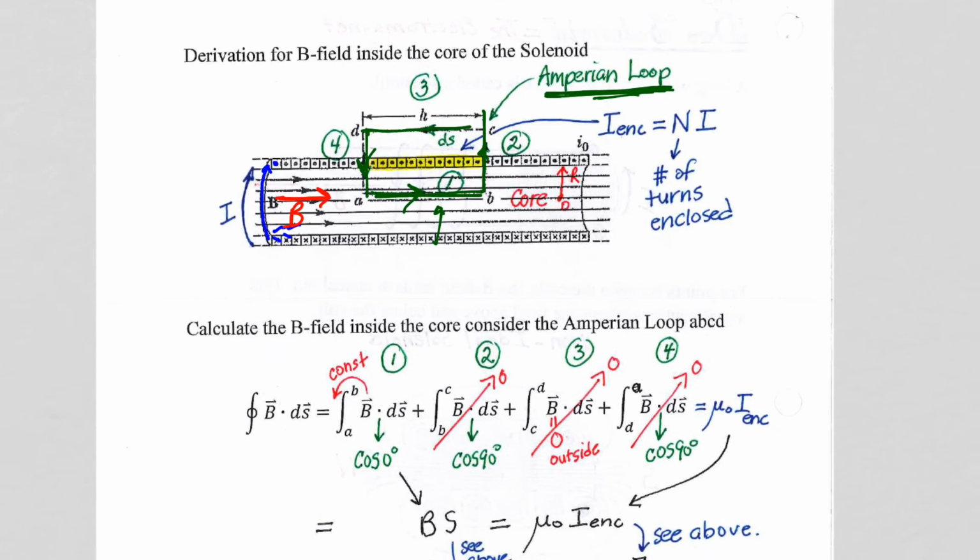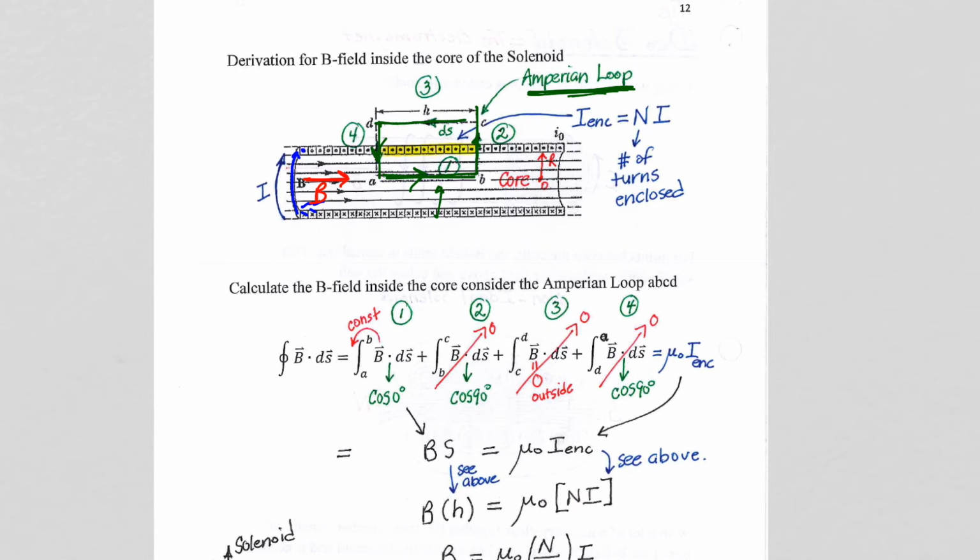And now we are going to perform our integral for Ampere's law, right? So when we're using Ampere's law to do a derivation, we use Ampere's law: closed line integral of B dot ds equals mu naught I enclosed. And we'll get to the I enclosed in a moment. So the I enclosed will be the number of coils times the current in each coil. We'll get to that in a second.